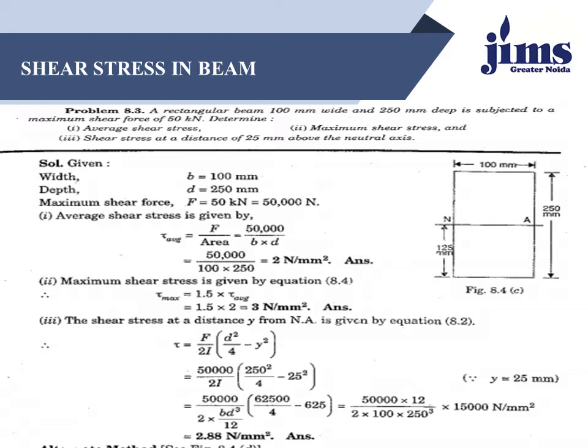Putting the values of F, I, that is moment of inertia, B, D is equal to depth of the rectangular section, and y is equal to distance from the neutral axis. Putting all these values, we get the final result, that is 2.88 Newton per millimeter square. So this question is based on a rectangular cross section.